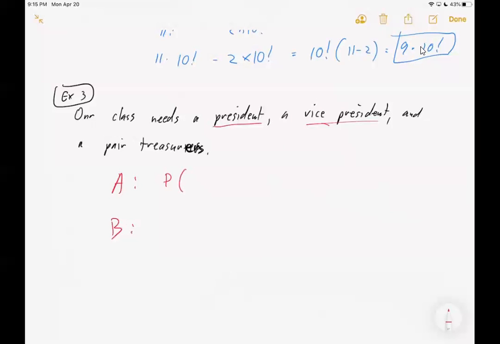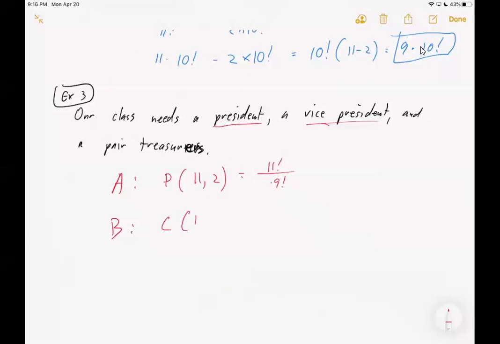The order matters. So we have 11 people in our class, and we're picking 2 of them. So that's 11 factorial over 9 factorial for the permutation formula. Now for the treasurers, it doesn't matter the order. It doesn't matter if it's Joshua then Genoa or Genoa then Joshua or any other 2 people in the class.